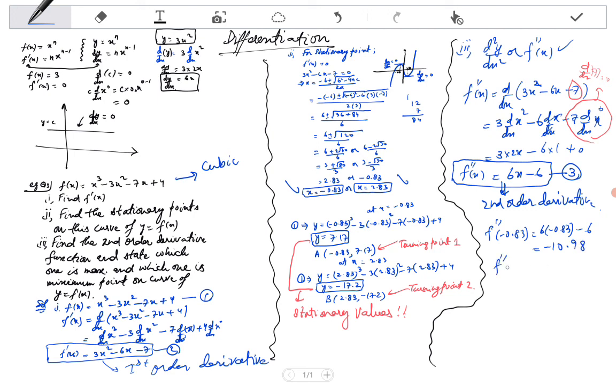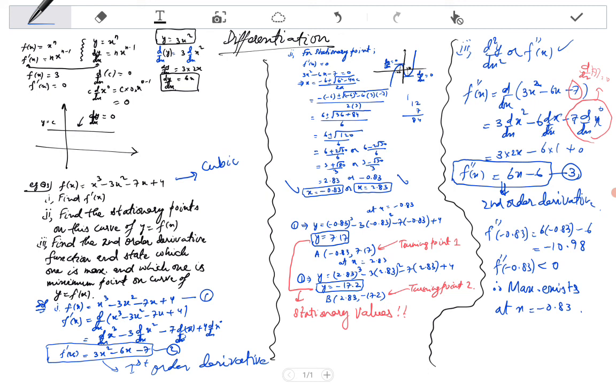So if f double dash of minus 0.83 is coming less than 0, therefore a maximum exists at x equals negative 0.83.